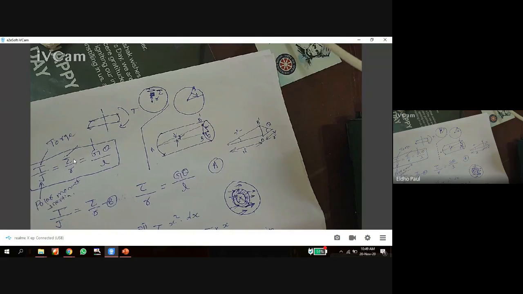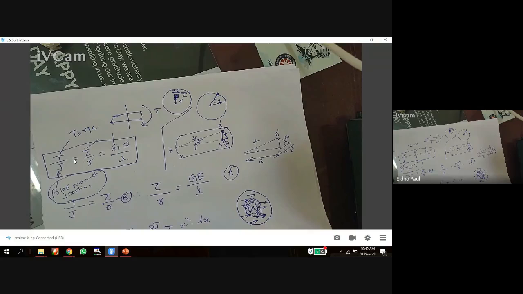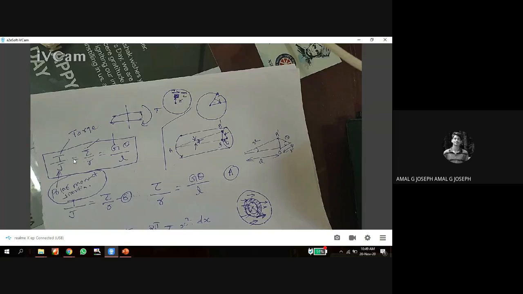Now there is an important term here, polar moment of inertia. What is moment of inertia? Or have you studied? Resistance offered for rotation.